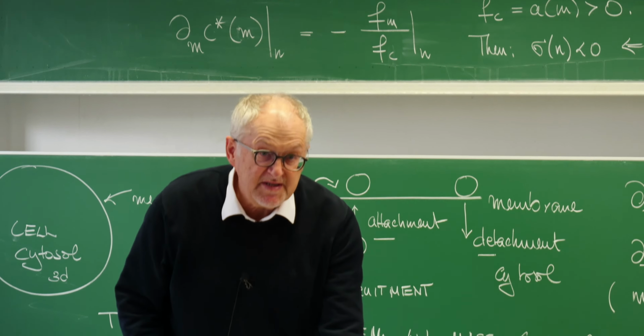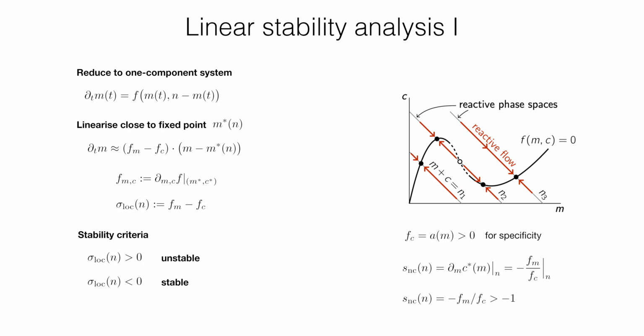So now what does that mean in our graphical representation? Minus 1 is the slope of our mass-conserving subspace, right? So if the slope of the nullcline is such that it cuts the mass-conserving subspace from the bottom, then this condition says you have a stable fixed point.